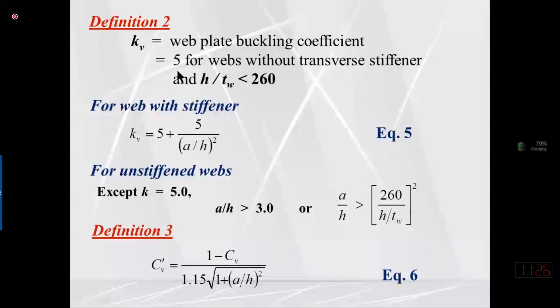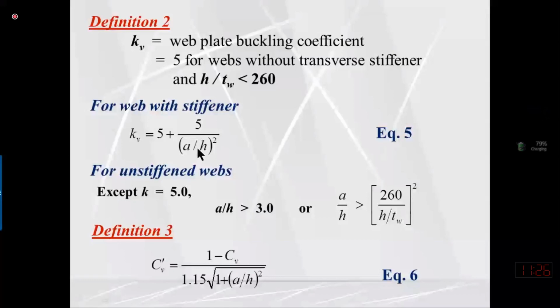Or if height of the web over thickness of the web ratio is also less than 260, in both cases KV value is equal to 5. But when we are providing the stiffeners, then we need to compute KV value by this expression: 5 plus 5 divided by (a over h) squared. This means that KV value is a function of spacing of stiffeners and height of the web.